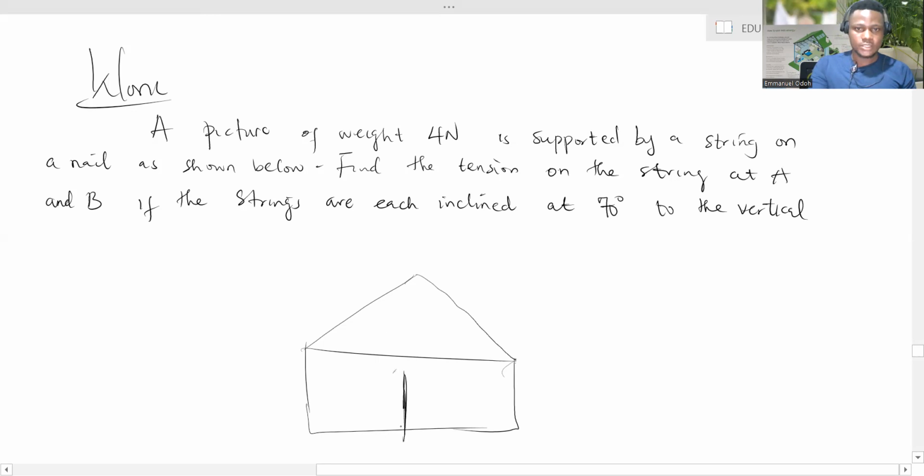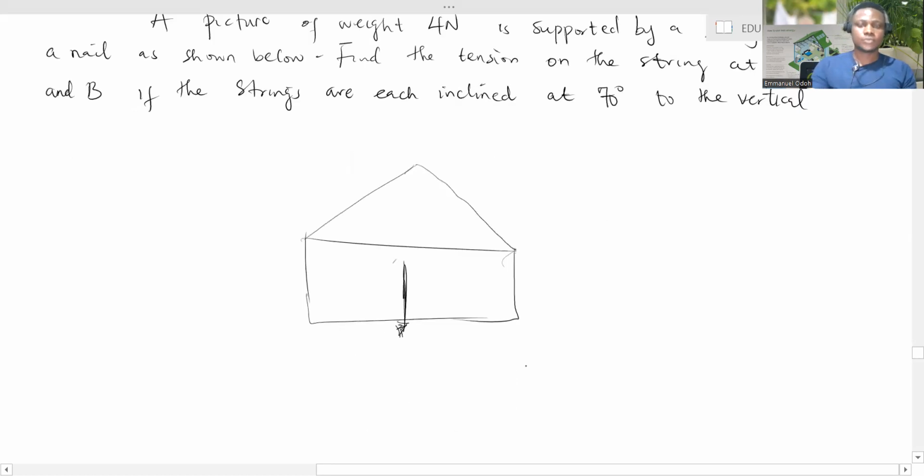The weight of the picture is 4 Newton. So the angle this made with the vertical is 70 degrees. The angle this made with the vertical is also 70 degrees.